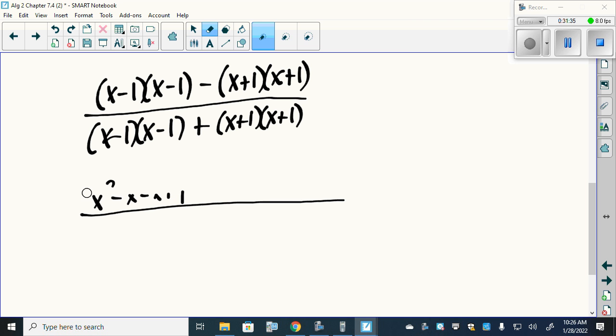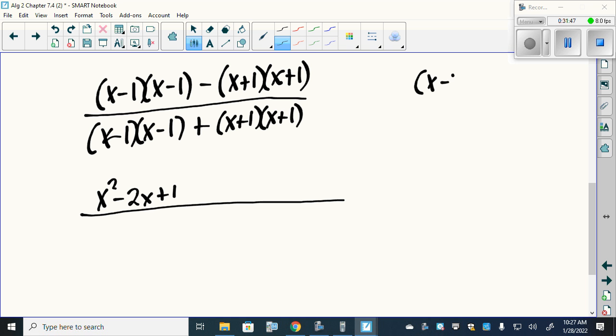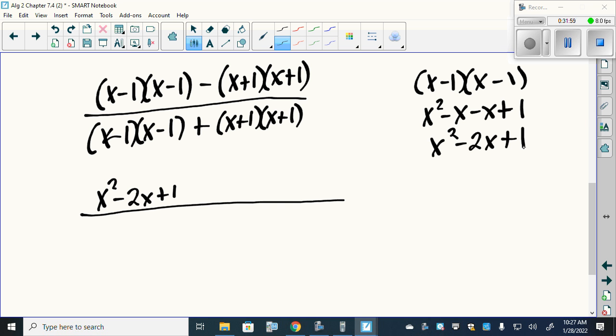So the x minus 1 times x minus 1 on bottom is going to be x squared minus 2x plus 1.